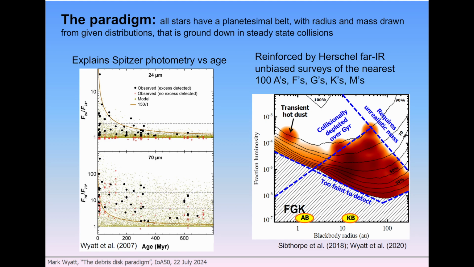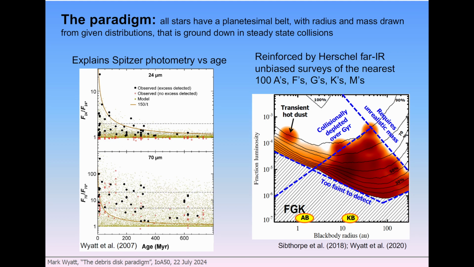And another way of looking at this, so that was based on Spitzer 20 years ago, is shown on the right, the unbiased surveys of the nearest 500 stars that we did with Herschel. This plot summarizes all of those results, where the color scale shows the fraction of stars that have debris disks in different parts of parameter space, where the y-axis here is the luminosity of the debris and the x-axis is the temperature.